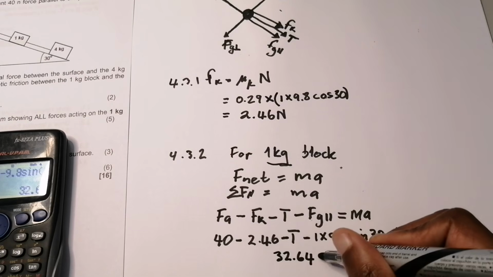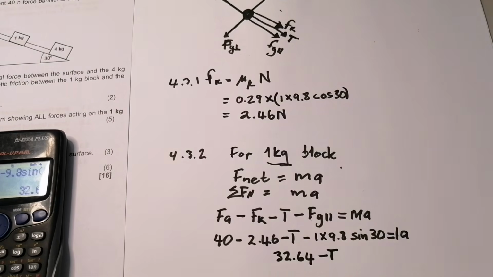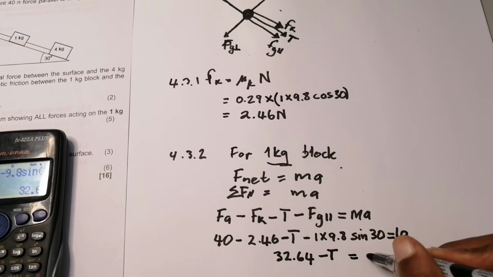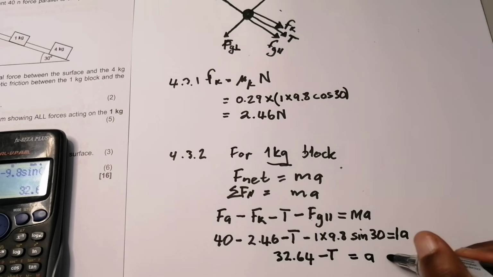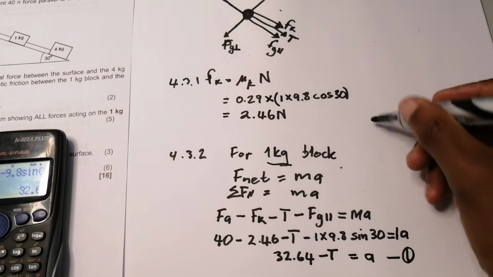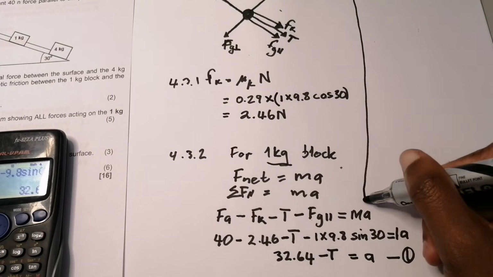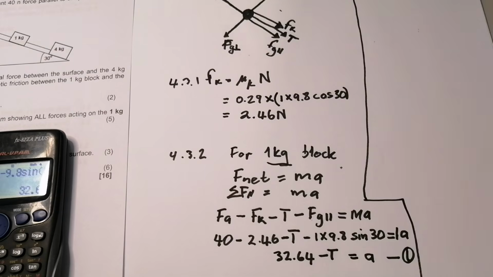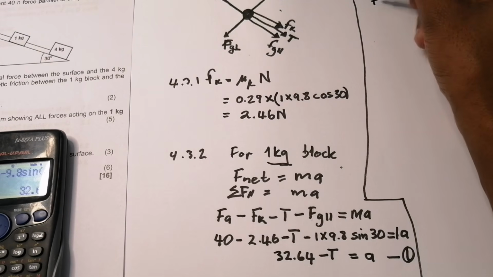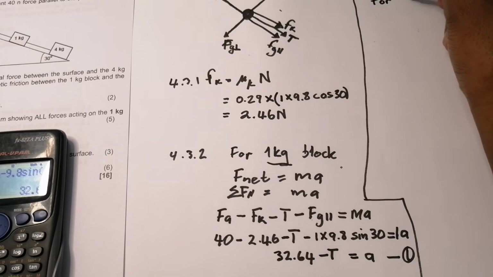Remember, we still have minus T there, right? And this is equal to the value of a, 1a. So that's going to be my equation 1. If you don't mind, I'm just going to carry this over here. Okay, right. So I'm going to say, now let's take the 4 kg block.